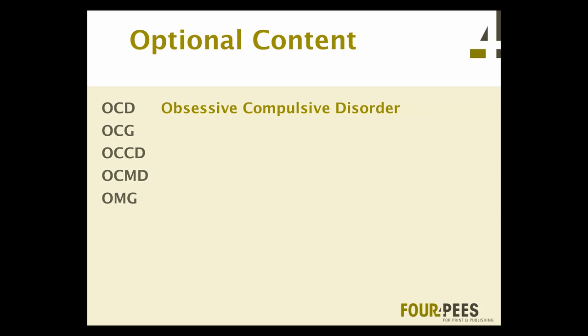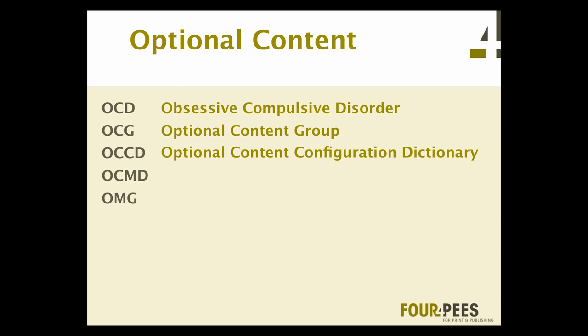There is an optional content dictionary, but it's actually called OC instead of OCD, which is kind of confusing, but oh well. OCG is like the basic, well, I have some explanation of all of this, so I shouldn't give away all of the good stuff here, but optional content group, which definitely has to do with optional content, and then you have optional content configuration dictionary, so the dictionary part is included here. It's not very consistent.